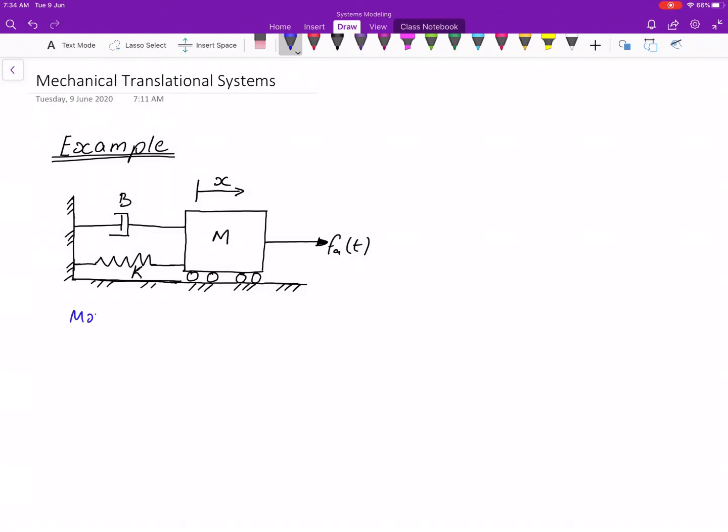We have m x double dot plus b x dot plus k x is equal to our applied force. This can also be written as, because we know x double dot is v dot, m v dot, this is in terms of velocity, plus b v plus k x is equal to the applied force.